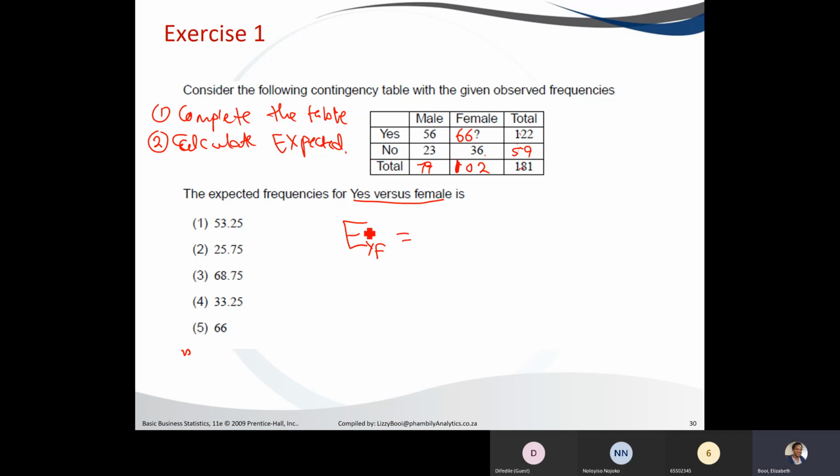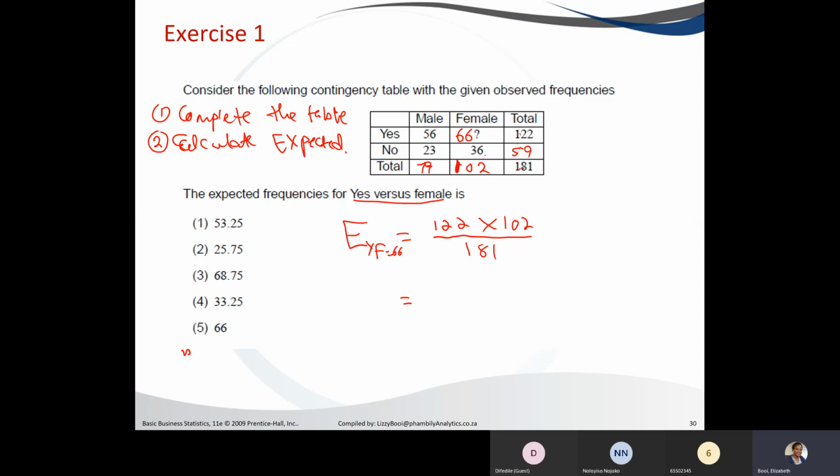For yes, female is 66. The expected value for 66 will be the row total, which is 122, multiplied by the column total, which is 102, divided by your n, which is 181. Did you do that?